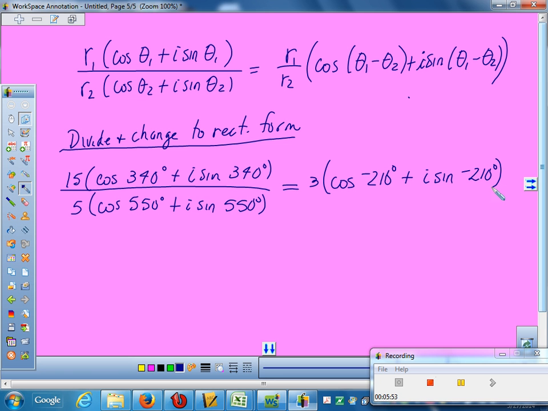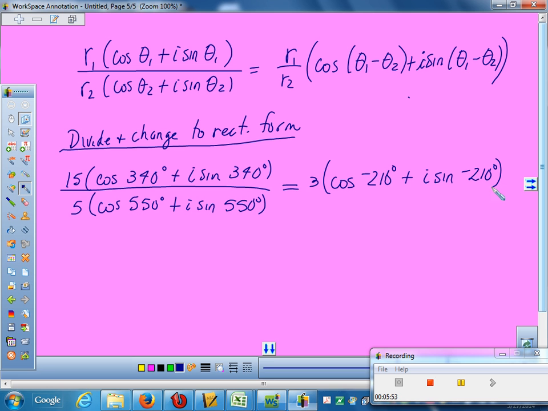Okay, on this one I said convert to rectangular form, but I do want to talk about, if I had said leave your answer as polar form, if I had said leave it just like this, they do not leave negative angles in the answer. So do you remember those little rules? They're right below your fundamental identities that tell you what to do with negative angles. Cosine just drops its negative, sine pulls its negative to the front.